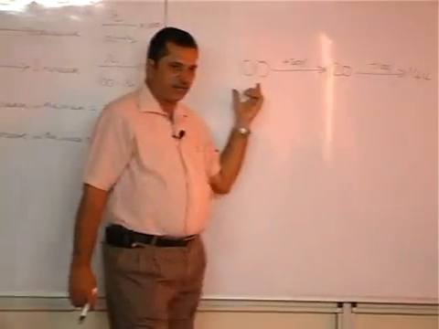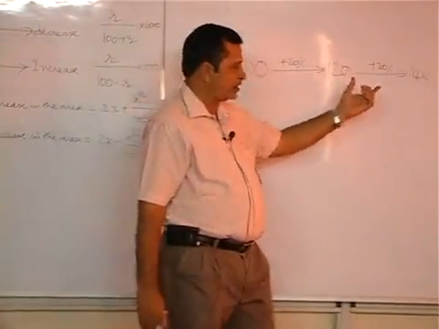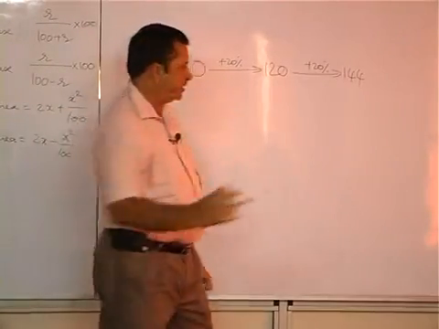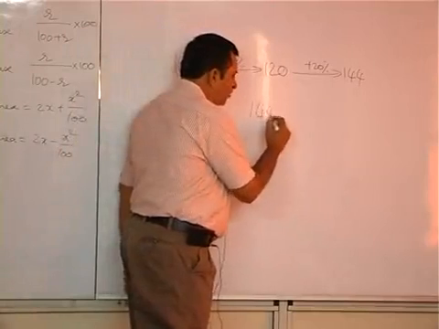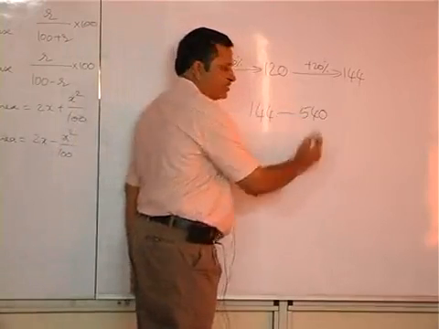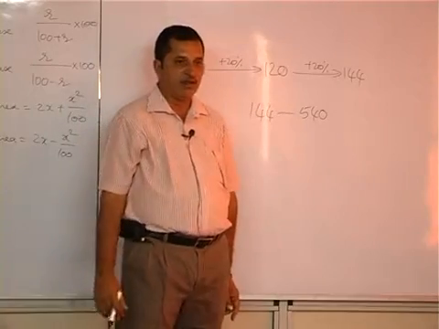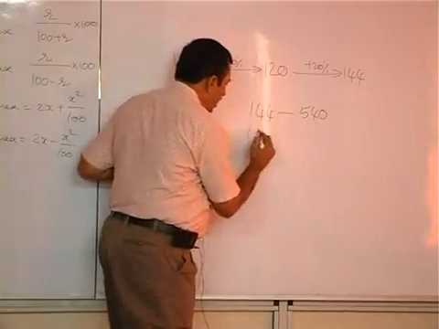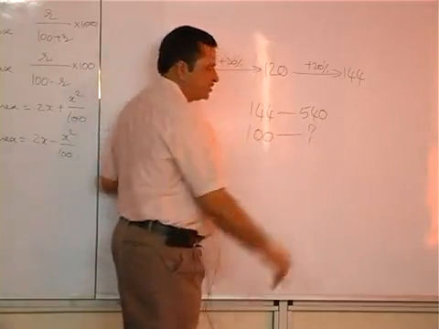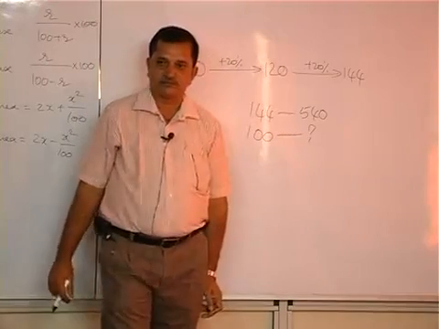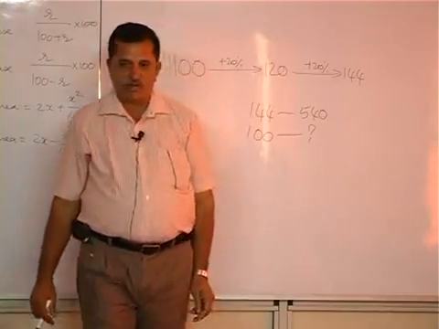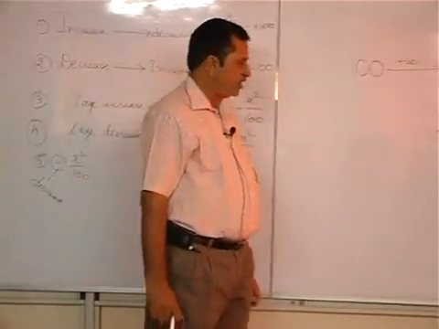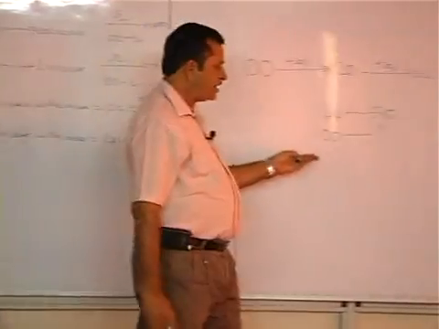This is the height of the tree 2 years ago. This is present height, 144. Now the height of the tree is 540 centimeters, means 144 will be equal to 540 centimeters, is it not? What it was when the tree was planted means 100 will be equal to how much? So 144 is equal to 540 centimeters and 100 will be equal to how much?